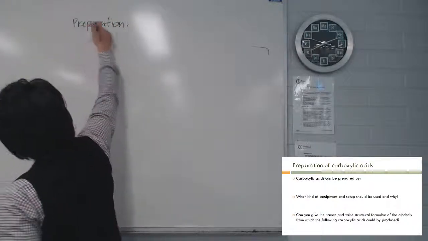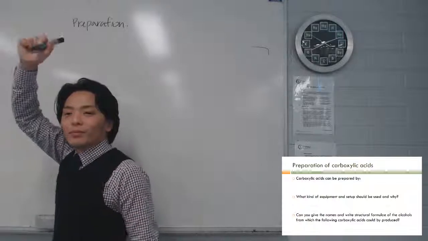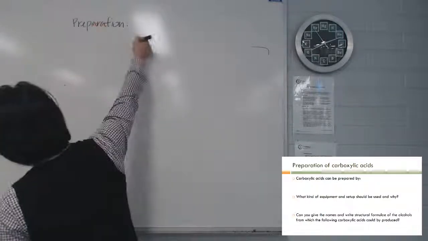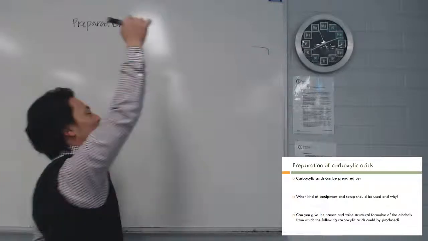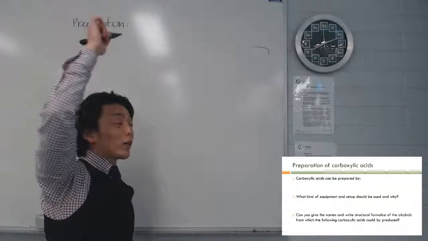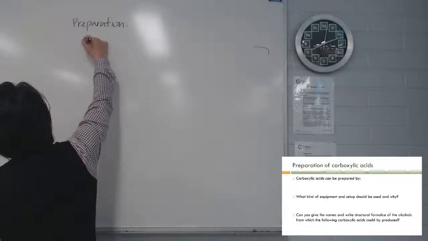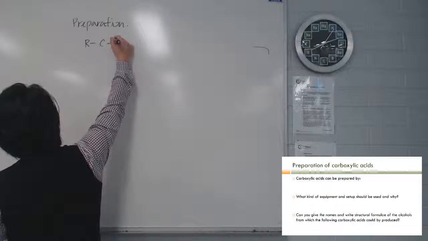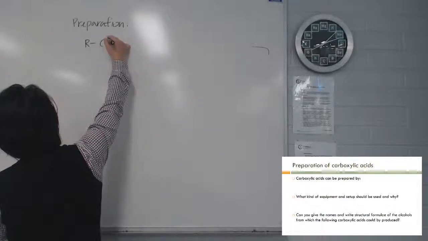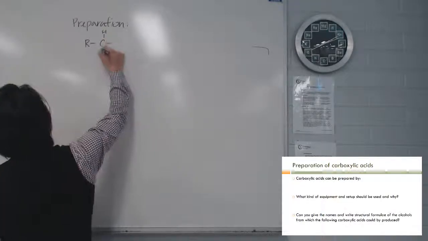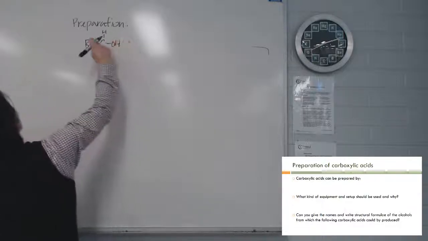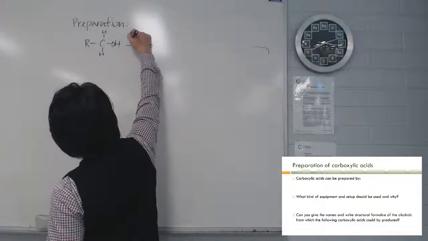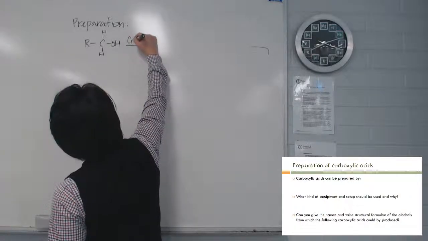What reactant can you use again? Oh, yes. Let's just use RCOH. So that's just primary alcohol. And you can do it with acidified dichromate solution.